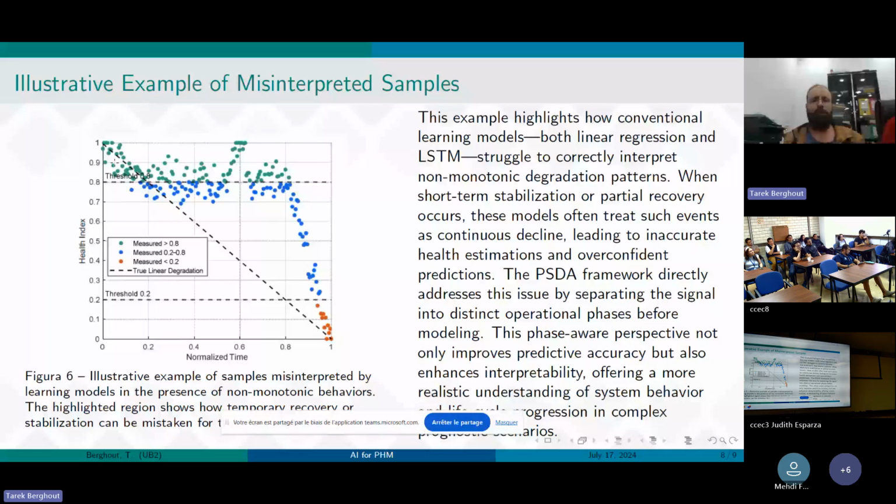So as a conclusion, in this work we try to use a new approach to prognostics and health management, which we call phase shift degradation analysis. It considers two cases: stabilization in the degradation process and possible recovery, and maybe there will be other cases.